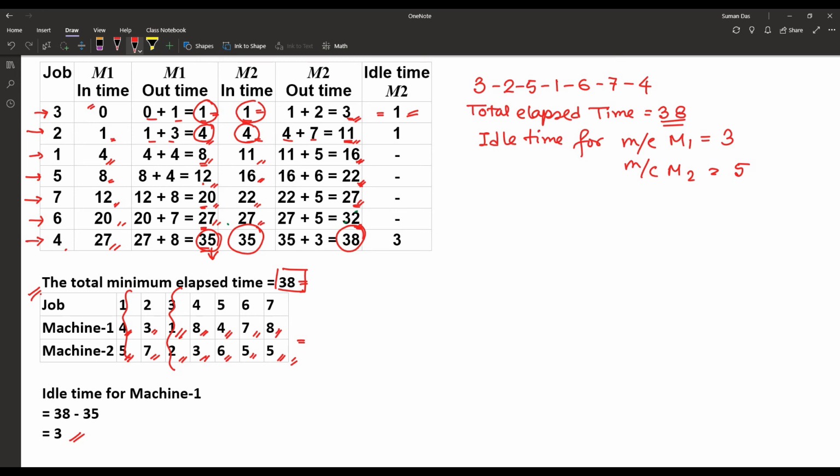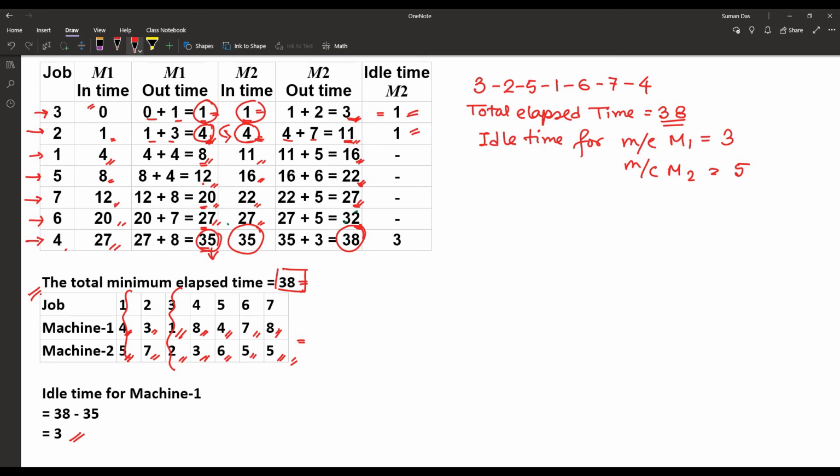In job 2, machine M1 out time was 4, but in job 3 the M2 out time was 3, so it has to wait once again 1 unit of time. So its idle time is once again 4 minus 3, or 1. Now for the next jobs 1, 5, 7 and 6, M2 has no waiting time.